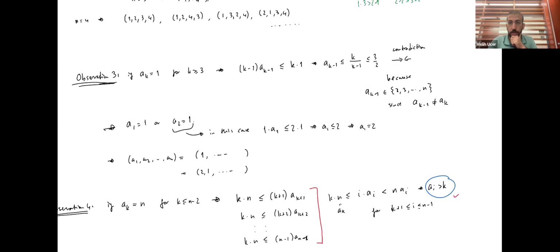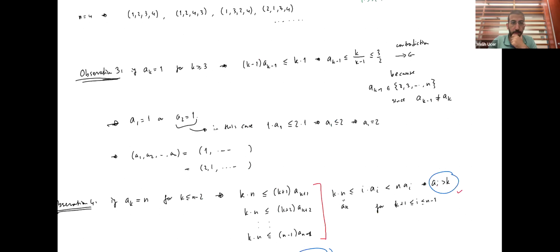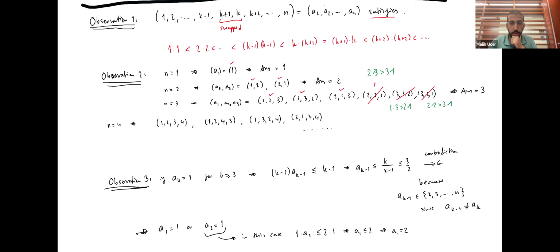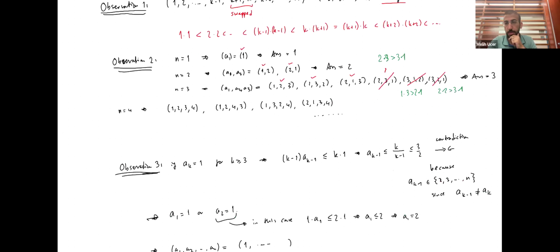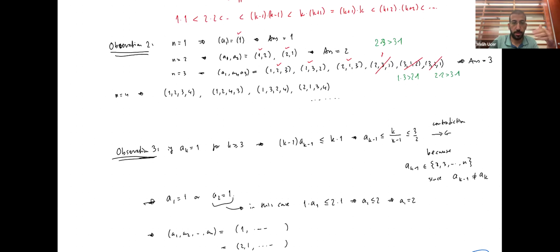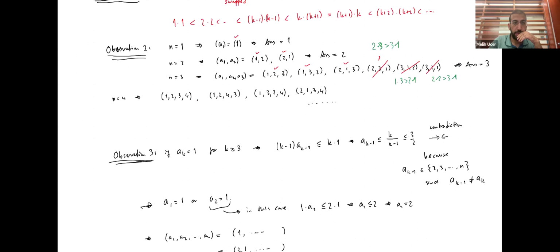So far we've just written this in the form of observations, and maybe it is better if I write it neatly as a solution, because it's now close to it.